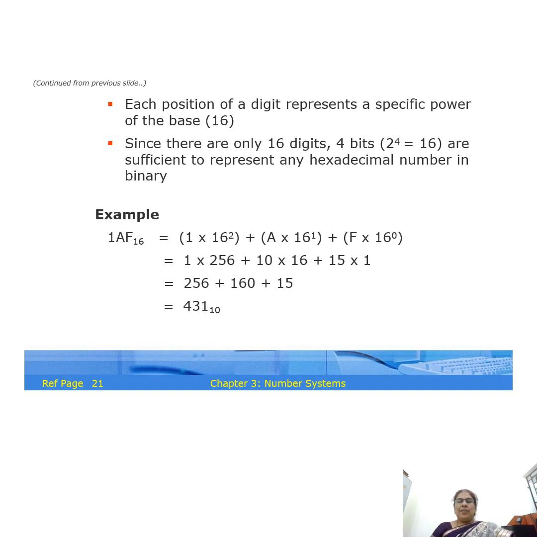Here A is represented as 10 and F is represented as 15. So 16 power 0 is 1. Instead of F we replace 15, instead of A we replace 10, and another value is 1. So we multiply by the base value, then we add. The final result will be 431 base 10.